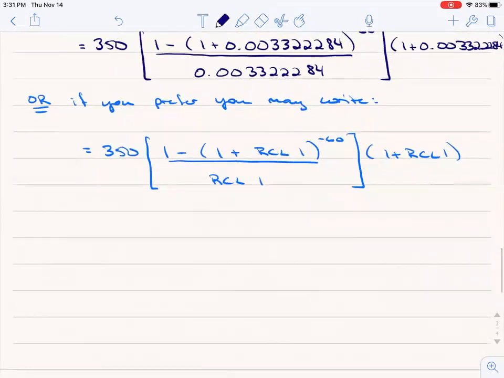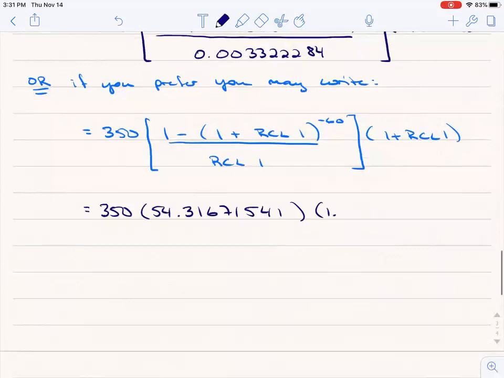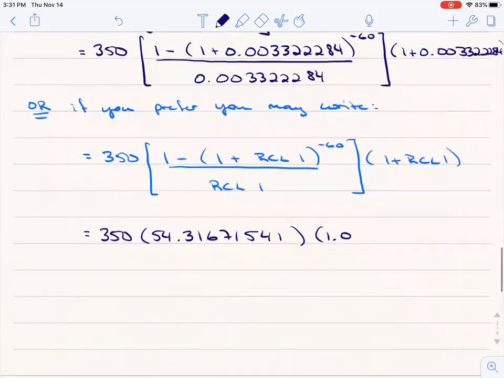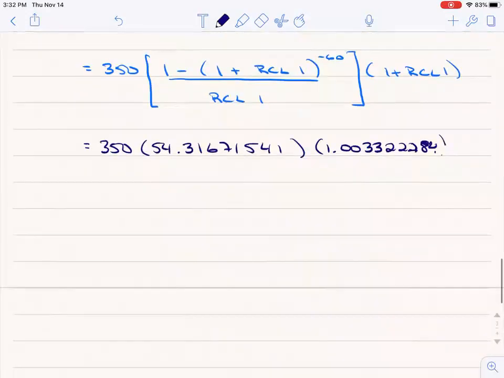Just so you can check your work, I get 350 times 54.31671541, and then times 1.0033222284. Oops. Man, that's annoying. There.